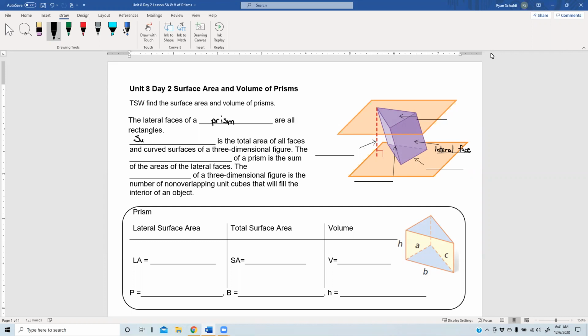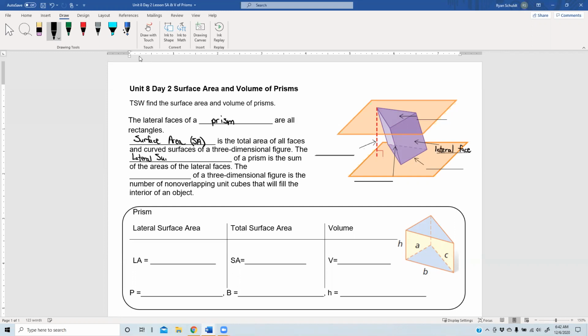Surface area is the total area of all faces and curved surfaces of a three-dimensional figure. And just while I'm thinking about it, we call total surface area SA.